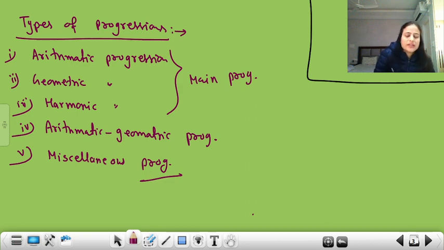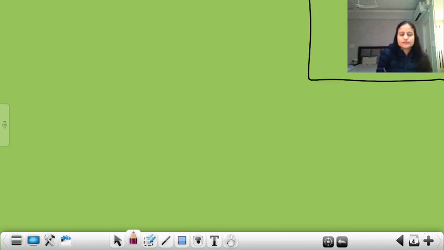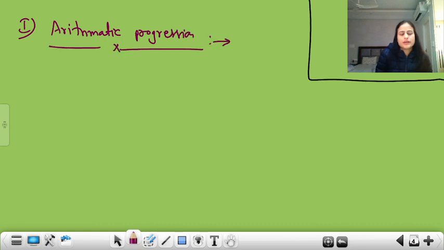So start with the arithmetic progression. Okay, so start with the definition, right? The definition of progression is clear.